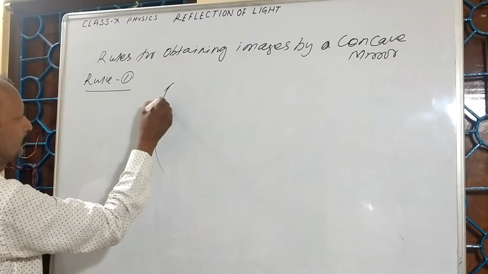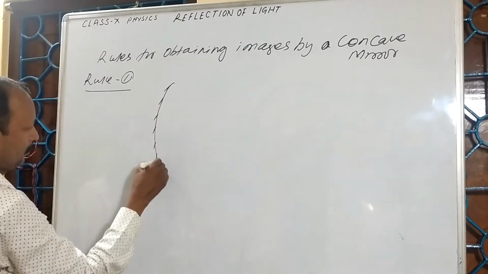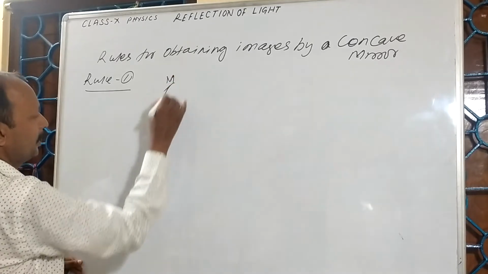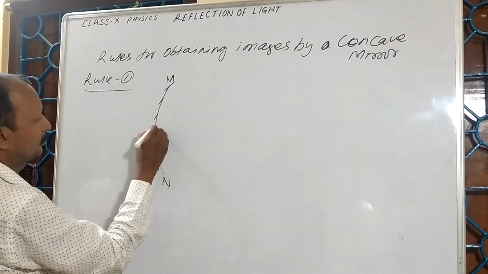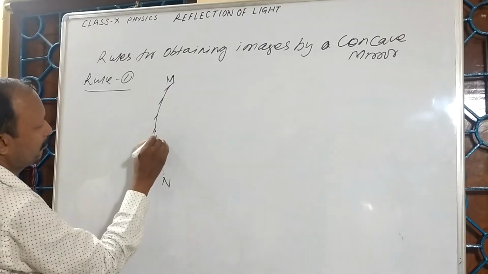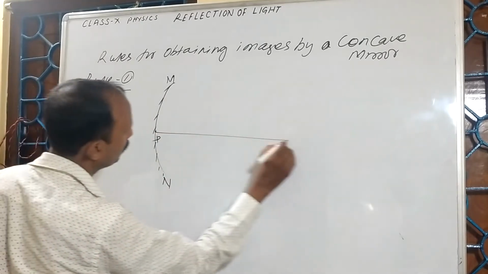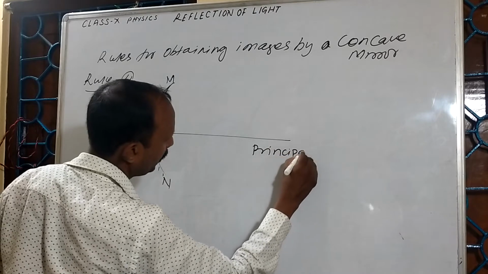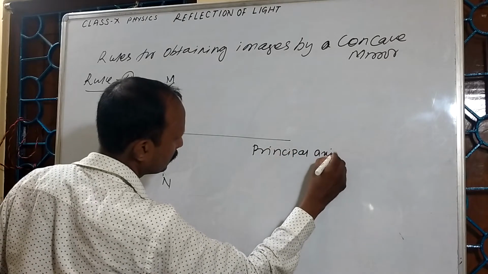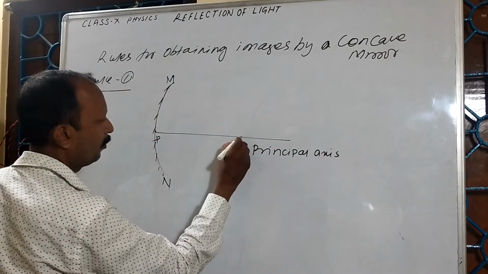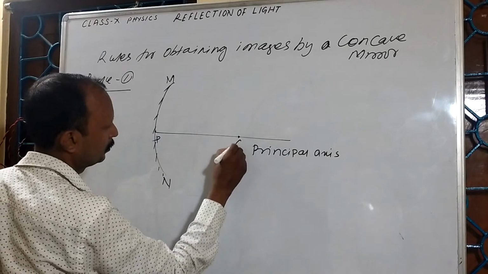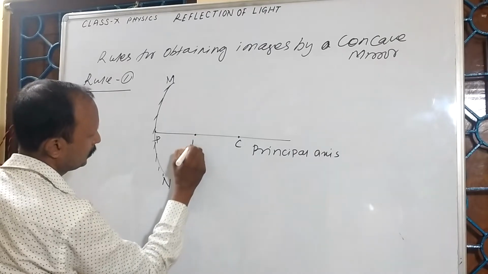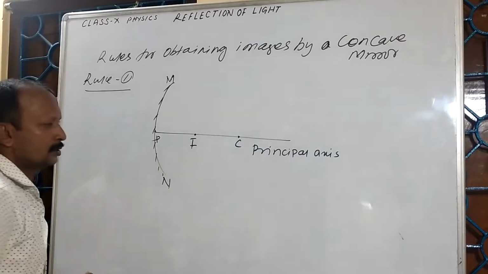Suppose this is the concave mirror. N is the size of the mirror. Here P is the pole of the mirror. This is the principal axis. This point is the center of curvature. This is the focus.